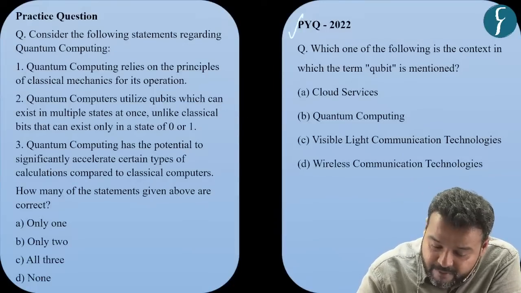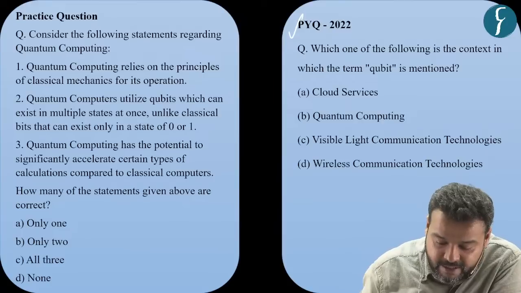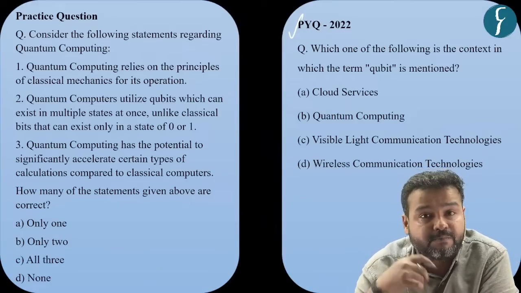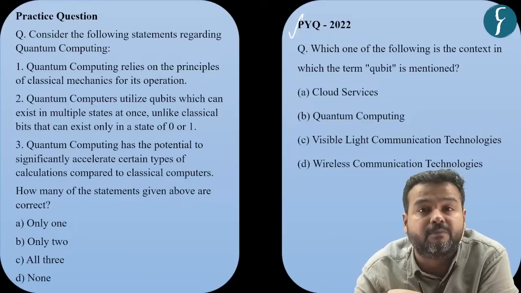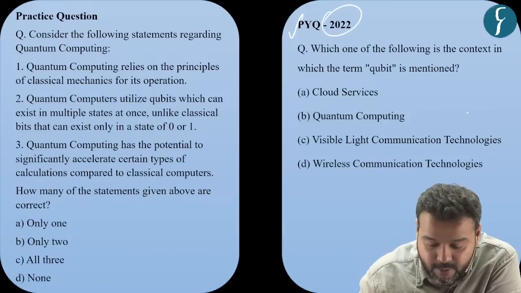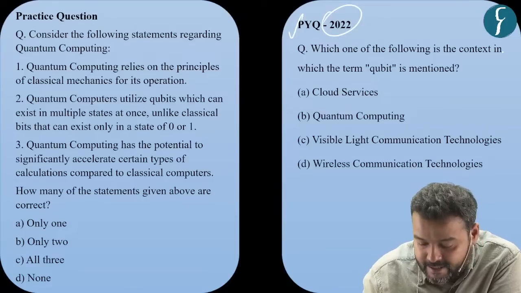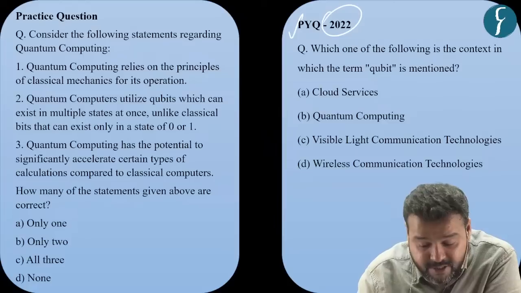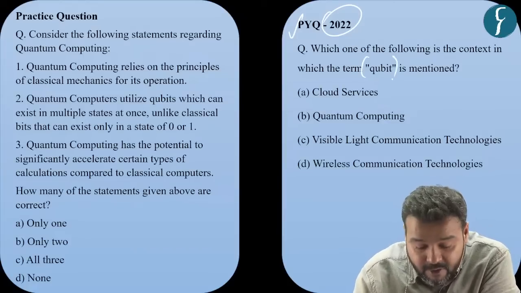And if you refer to UPSC previous year questions, you will understand how developments in the field of science and technology, especially information technology and the computing sector, are important from the perspective of the examination. In 2022 itself, UPSC asked a question: which one of the following is the context in which the term qubit is mentioned, and four options were given.